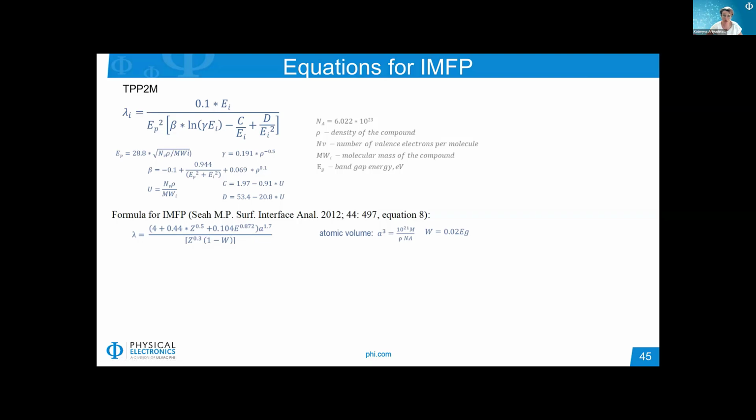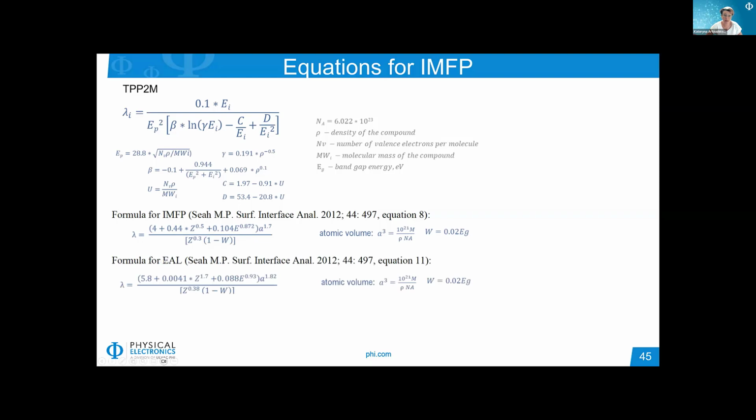Two other formulas are trying to take into account scattering effects. As electrons travel through the material, they scatter, and this is what we call effective attenuation lengths. So you can see another empirical formula with numbers that depend on the material properties. All three equations are really sensitive to material properties, so if you have those parameters, then you should use them.